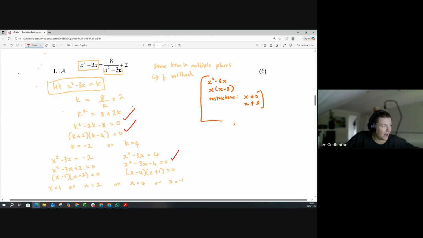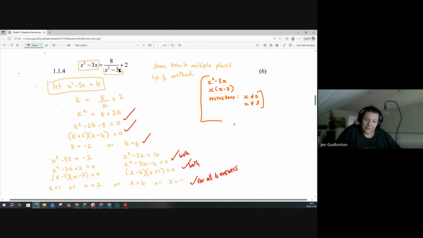You would get a mark for having k is equal to negative 2 or k is equal to 4. A mark for factorizing both, and 1 mark for all 4 answers. And that is your 6-mark question. But get ready, because the next one is also 6 marks.